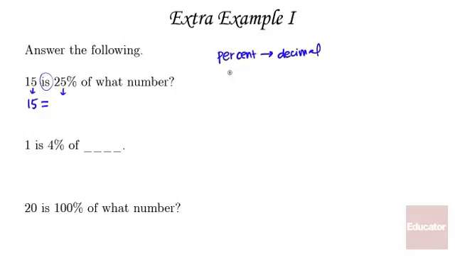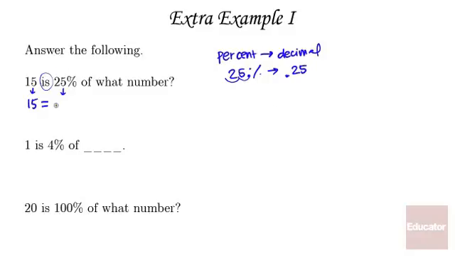And the way to get smaller is to move the decimal point over to the left. If you don't see a decimal point, it's always at the end of the number. Then we move it 1, 2 spaces. So 25% becomes 0.25, and of course we drop the percent sign.